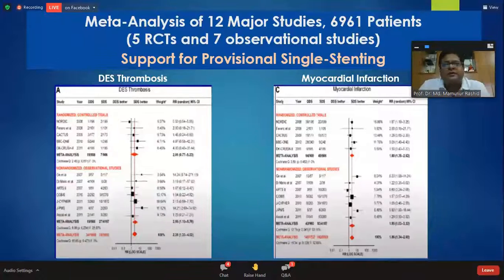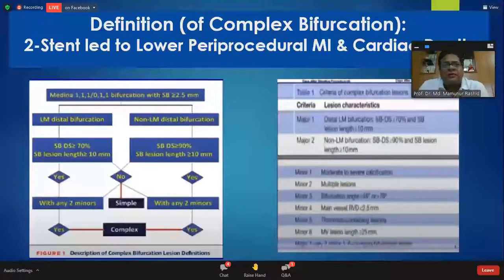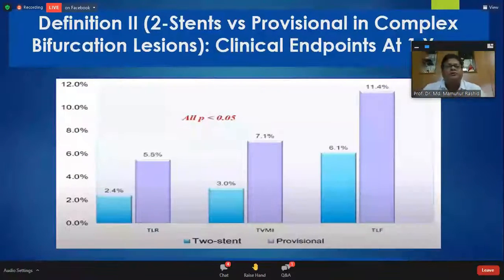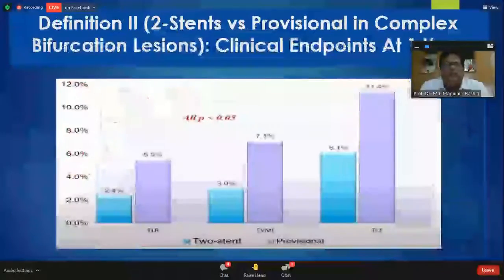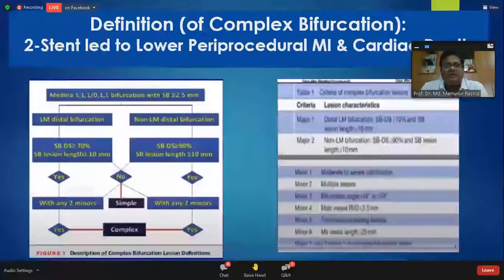Meta-analysis also shows support for the provisional single stenting technique initially, but now the DEFINITION trial shows lower periprocedural MI and cardiac death.